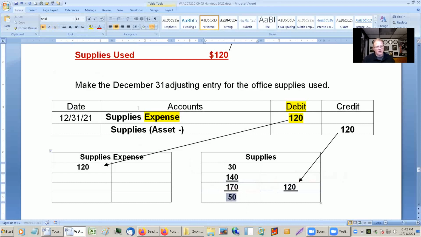Now, again, while that is the ending amount, that's not what we make the journal entry for. So these would be the ending amounts of those accounts, but we make it for what was used, not what the ending inventory is. So how much of the supplies were used? That's what you make the journal entry for. This $50 will shake out at the bottom.